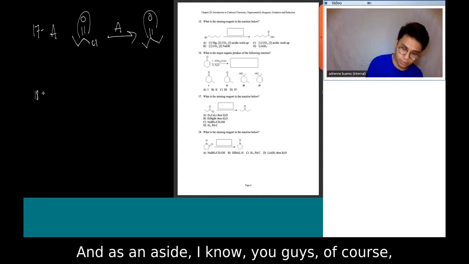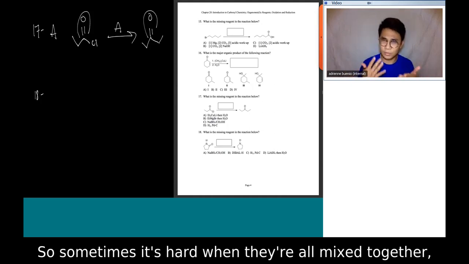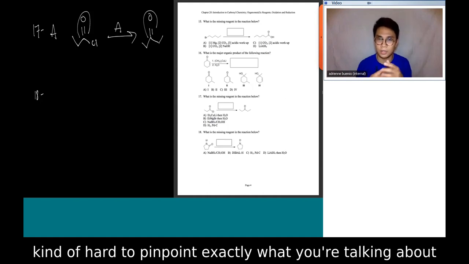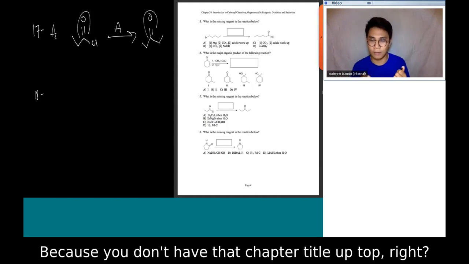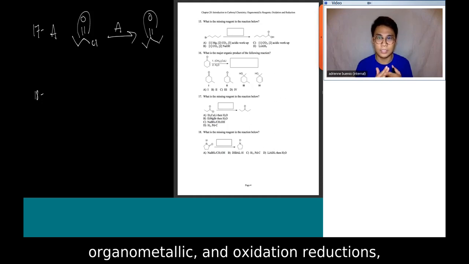And I know, as an SI, I know your tests are not chapter by chapter, right? So sometimes it's hard when they're all mixed together, like chapter 19, 20, 21. It's kind of hard to pinpoint exactly what you're looking for because you don't have that chapter title up top, right? Here we know we're talking about carbonyl chemistry, organometallic, and oxidation reduction.